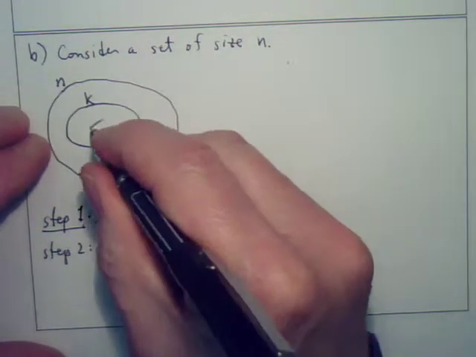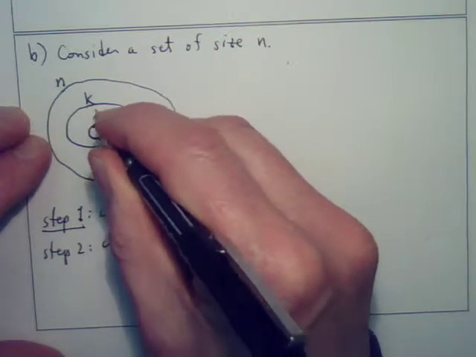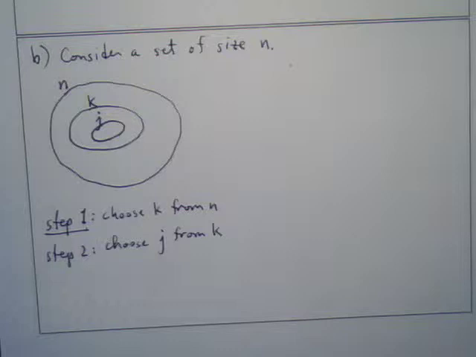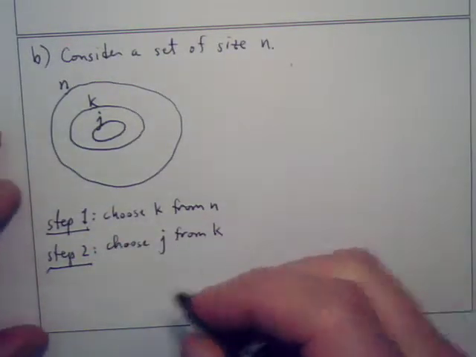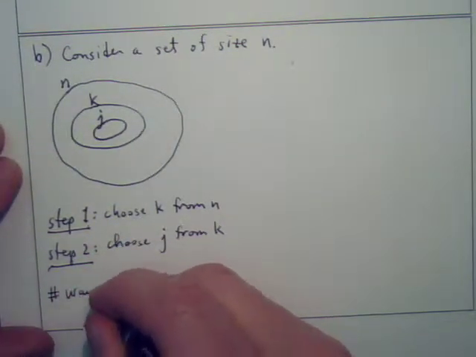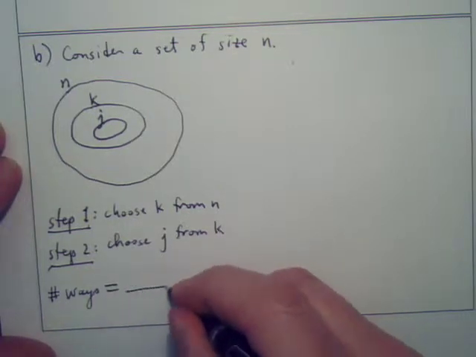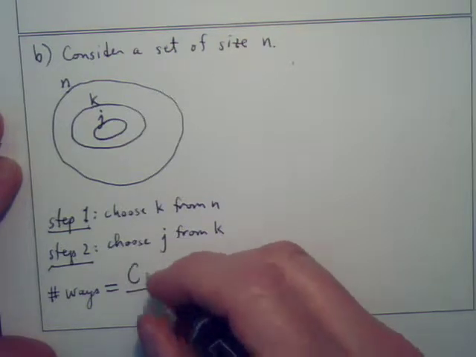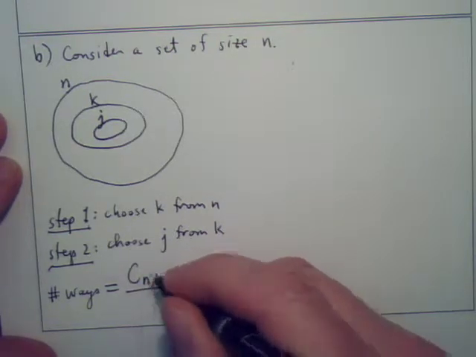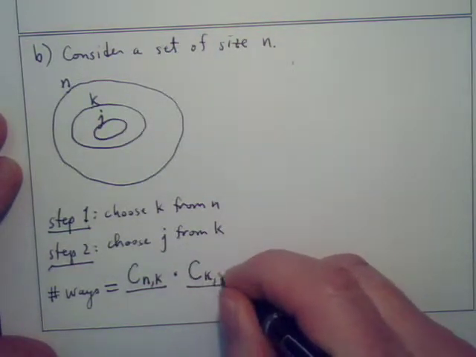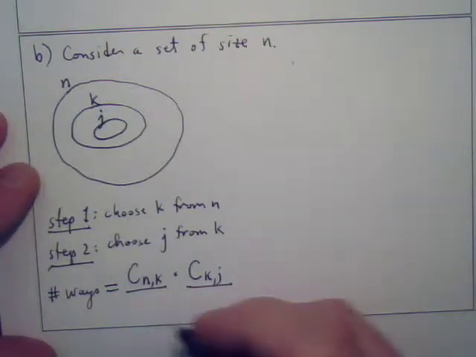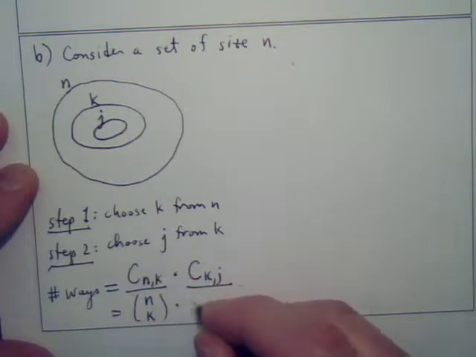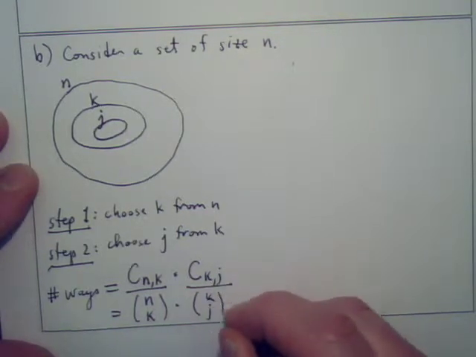So I'm going to choose a subset of size j out of those k elements that I chose. So the number of ways of doing that is equal to the product of these two values, which is C(n,k), and then C(k,j). Okay? Or in the notation that we're using here, (n k) times (k j).